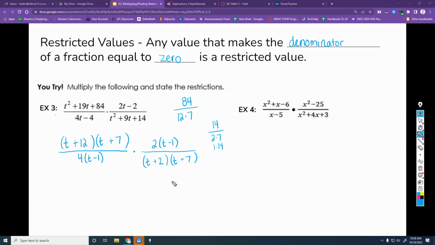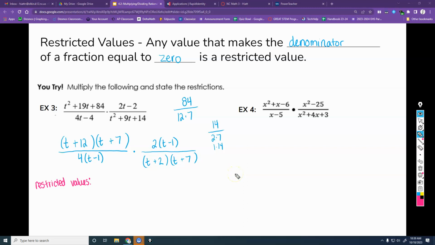Okay. All right, so for restricted values, I'm going to do this in a different color. Before you cancel anything out, restricted values. You are going to look at the denominator of the fractions, so the bottom of the fractions.